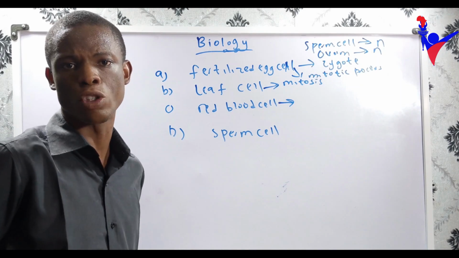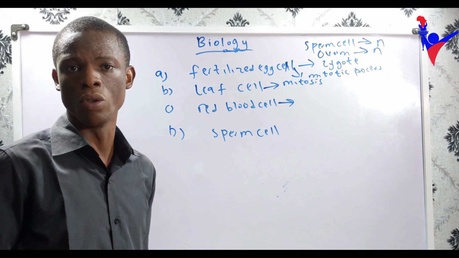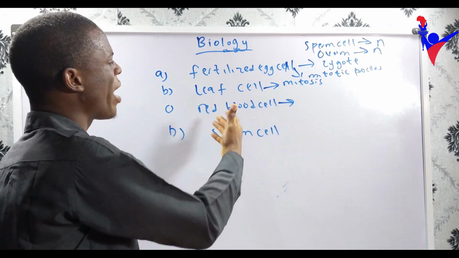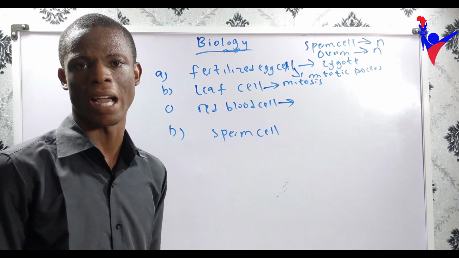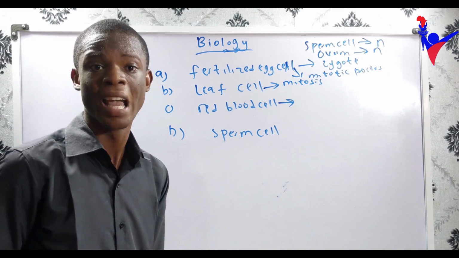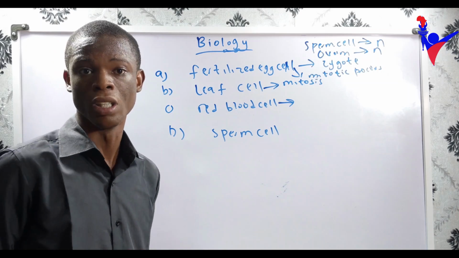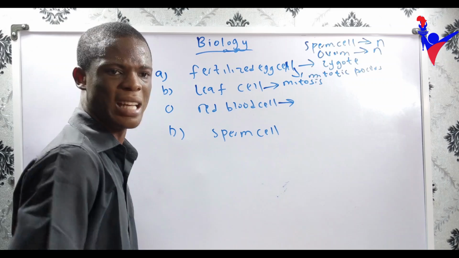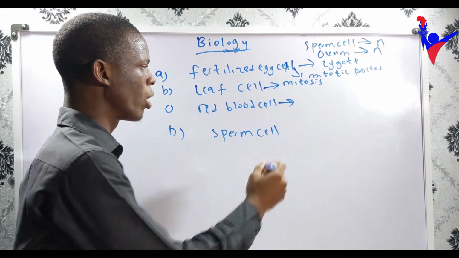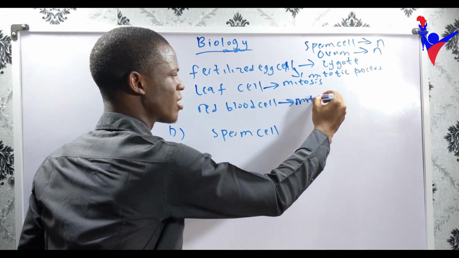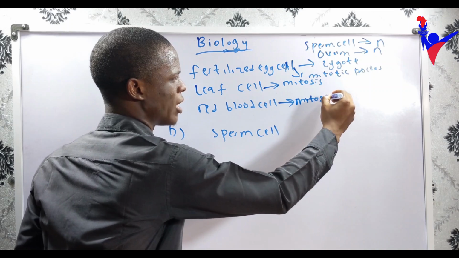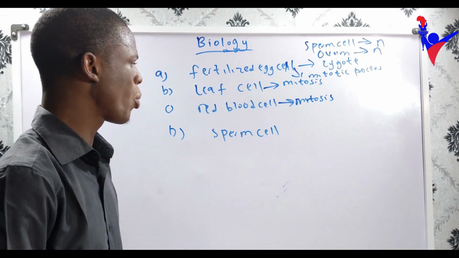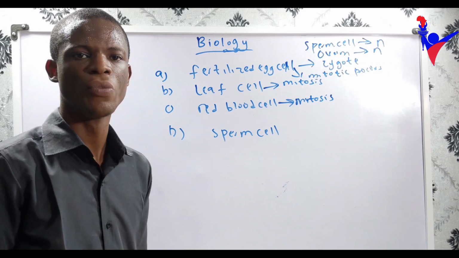Red blood cells in humans are called erythrocytes, as you've known from your biology days. Erythrocytes are responsible for transport of oxygen throughout the body. The division of erythrocytes is also a mitotic process, so we have mitosis in the red blood cell.